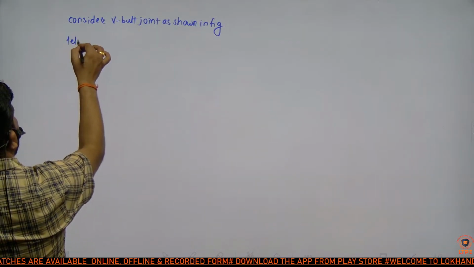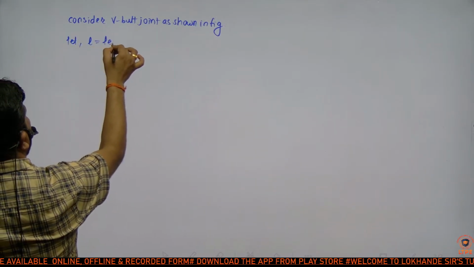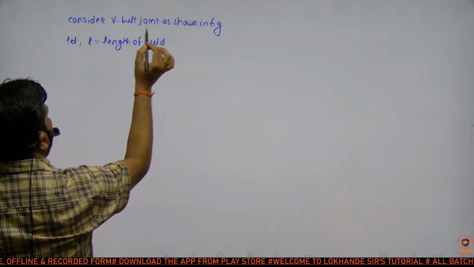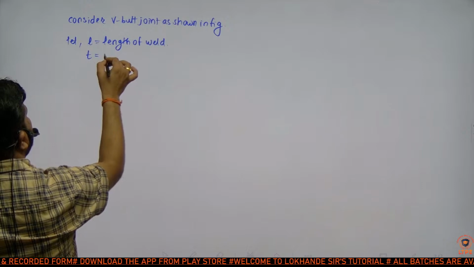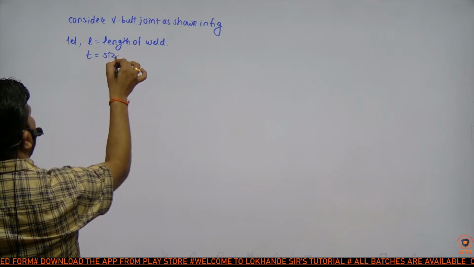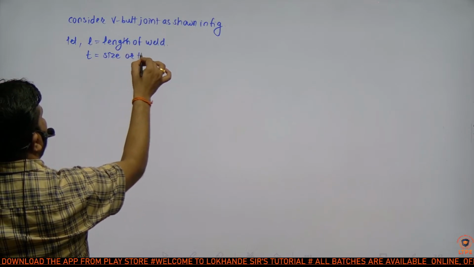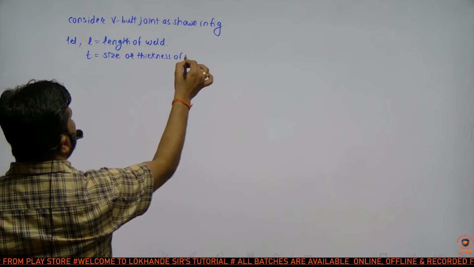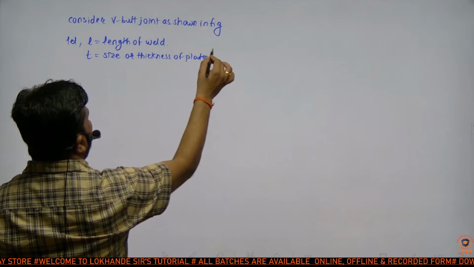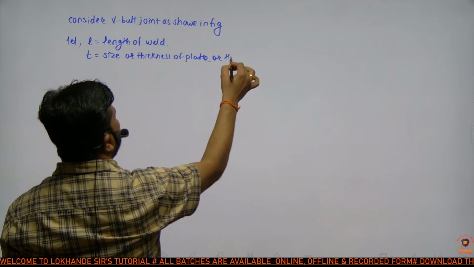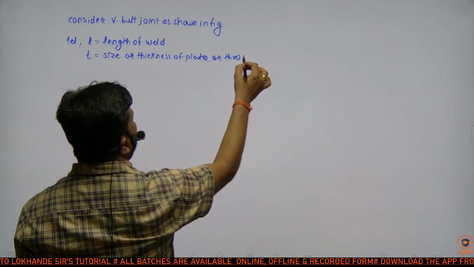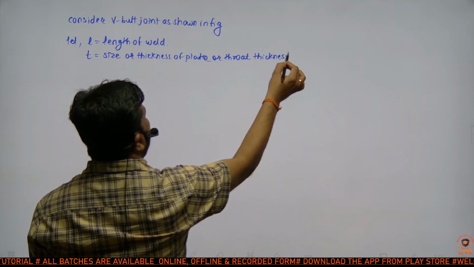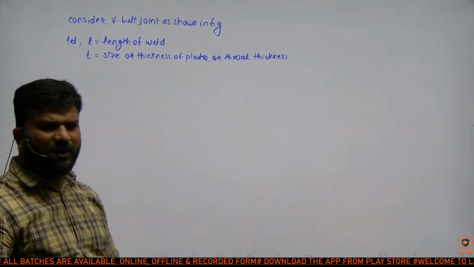Let L is equal to length of weld and T is equal to size or thickness of plate, or it is also called the throat thickness. Throat thickness. So in case of butt joint, thickness of plate is nothing but the throat thickness.